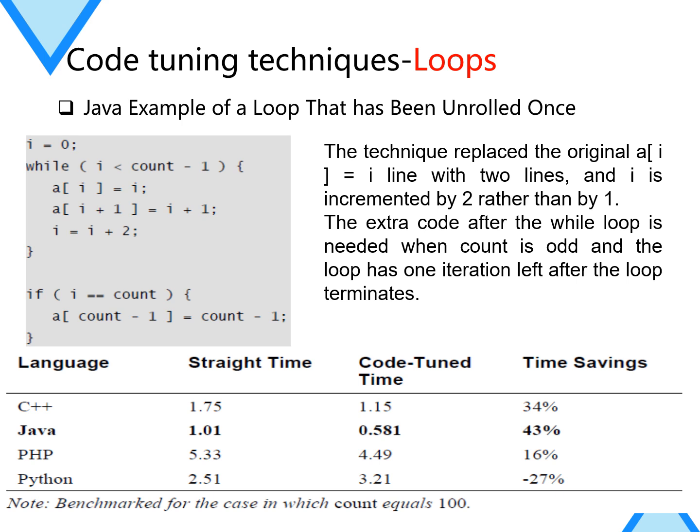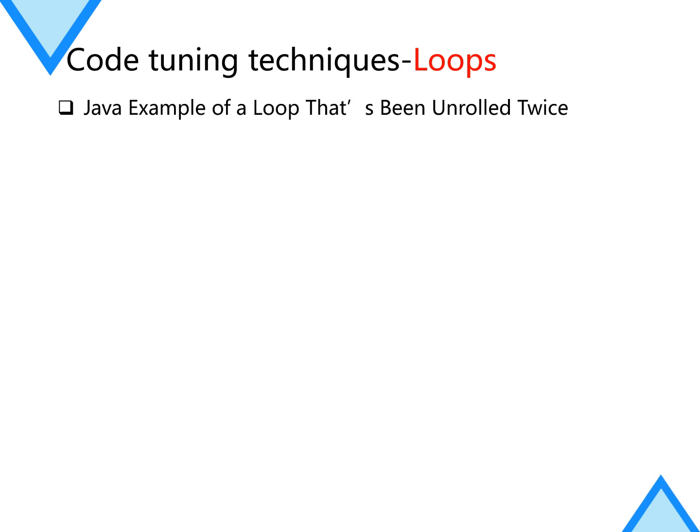They control the loop iteration by themselves. So that's the reason the Python code will increase the running time if we use loop unrolling. So that's why I say I don't like this technique. Here we have a Java example in which the loop is unrolled twice.